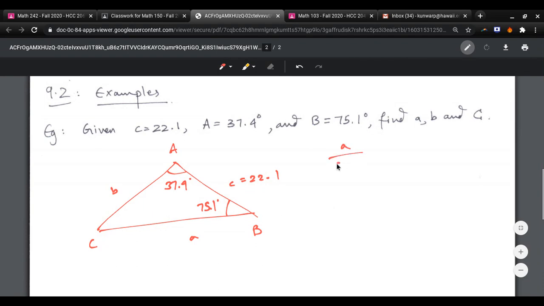So let's set up. It's A over sine A equals B over sine B equals C over sine C. Let's see what we know.